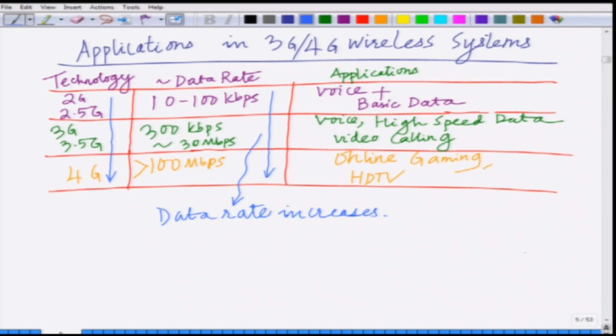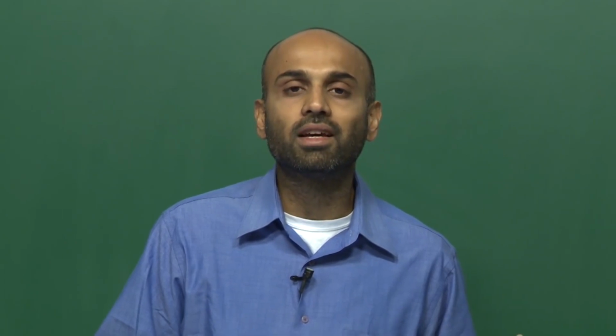Also the reliability with which information can be transmitted is progressively increasing, because when we talk about the transmission of video content such as is required for instance in gaming or video calling, that requires a significant amount of reliability, not just data rate, but an assurance on the quality with which the data or the bits are transmitted across the channel. So, there is an increase in data rate. At the same time, there is also an increase in the reliability or the quality of service of transmission of this information across the channel.